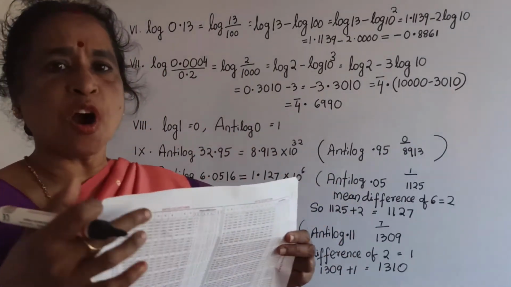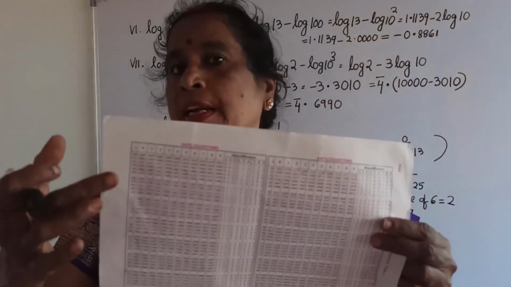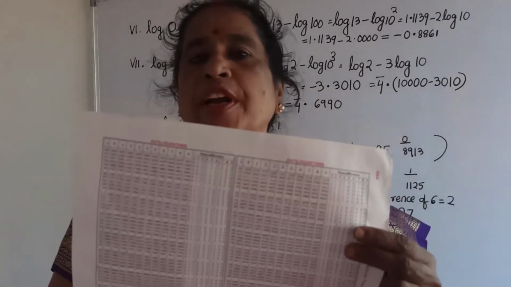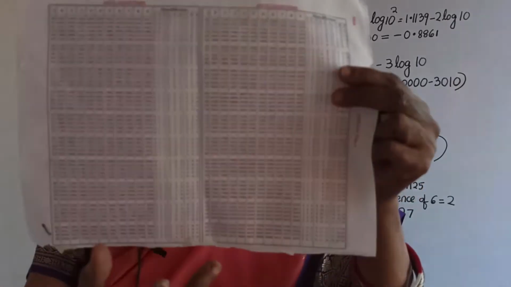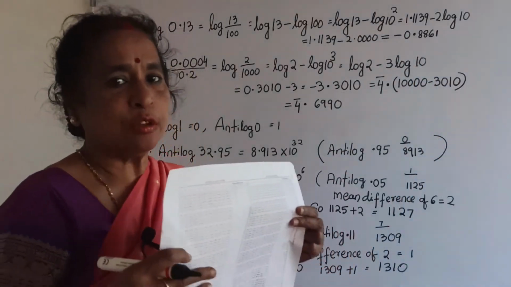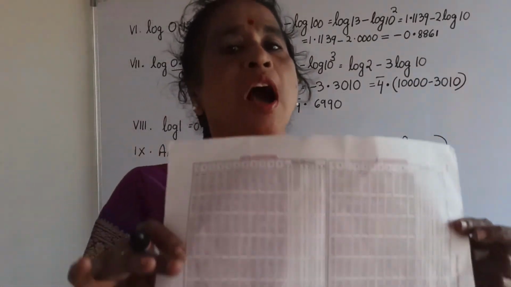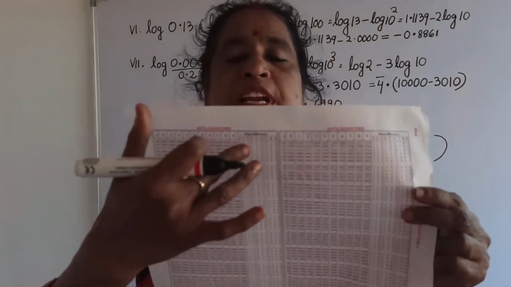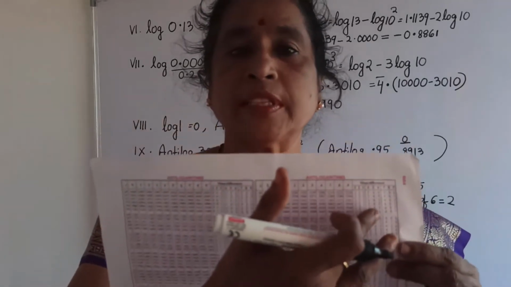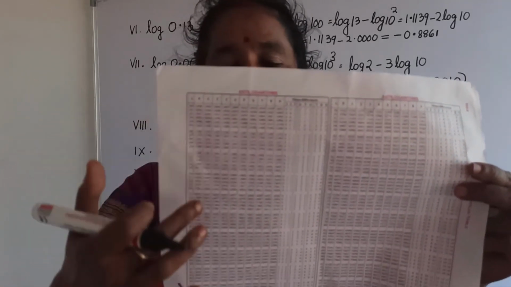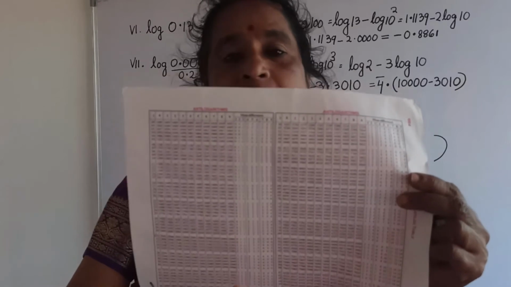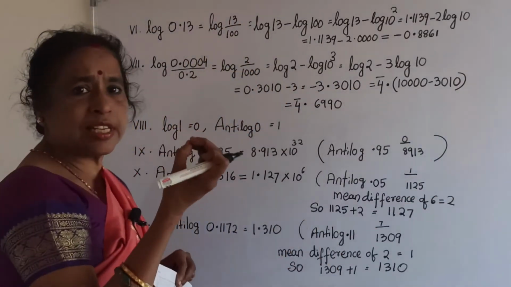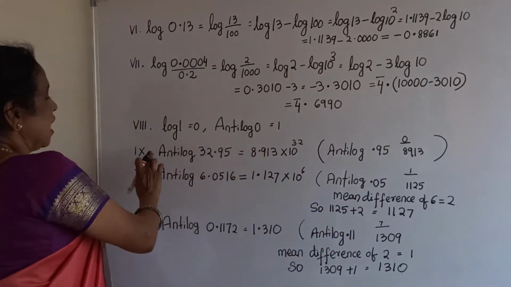Here the anti-log table started at 0.00 and here at 0.99 it ends. You see the anti-log table once and read properly where it started. The mean difference is written here also. So let us do a very simple calculation.